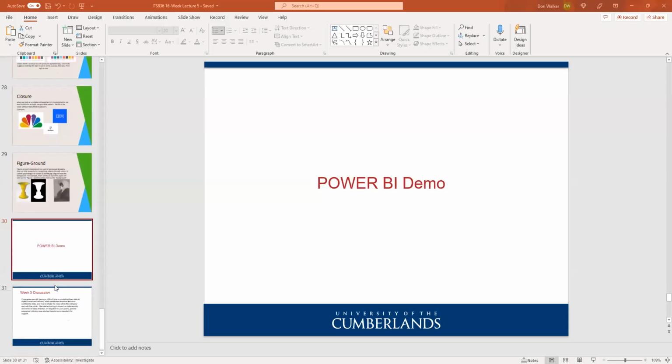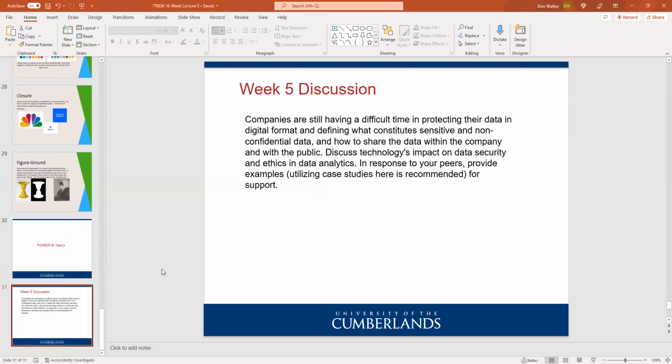Back to our week 5 discussion, which has nothing to do with data visualization. Instead, it's more about ethics and transparency. So for the week 5 discussion, companies are still having a difficult time protecting their data in digital format and defining what constitutes sensitive and non-confidential data.